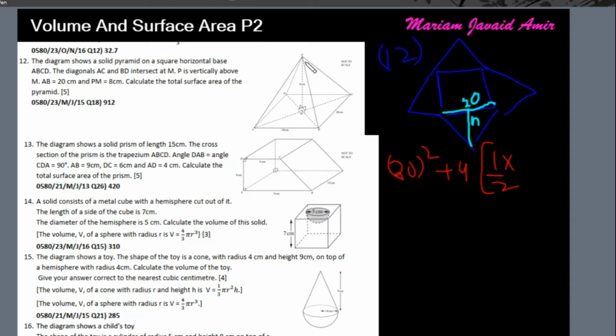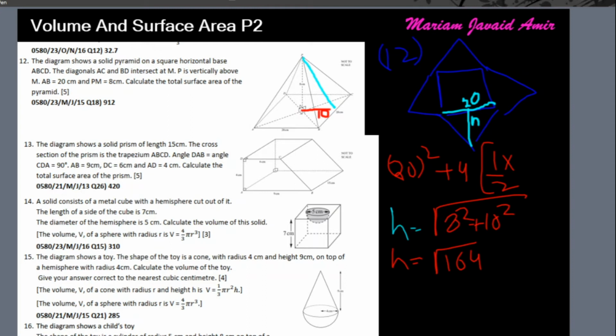Notice that this height is the slant height, the one I've drawn in blue, and half of the whole length of 20 is 10. Now I can apply Pythagoras on 10 and 8 to get the blue line. So the height will be the square root of 8 squared plus 10 squared, which is the square root of 164.